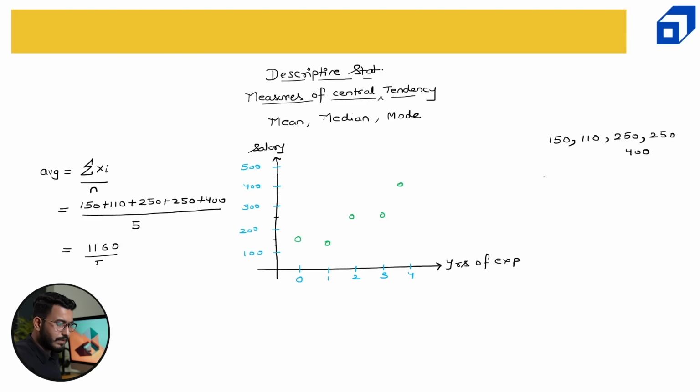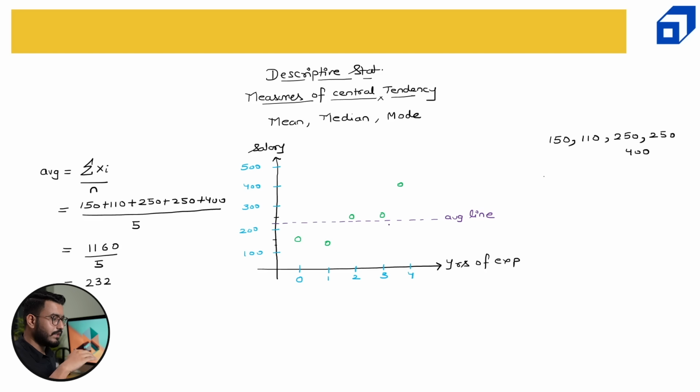We have to divide it by 5, and if you do the calculation, it will be 232. Now if I try to point this particular data in my graph, 232 would be somewhere around here, and I'll create a line for this.